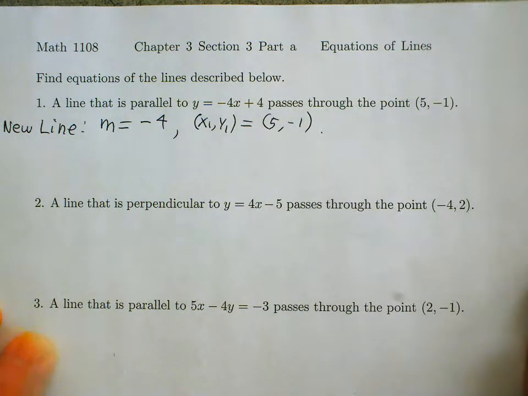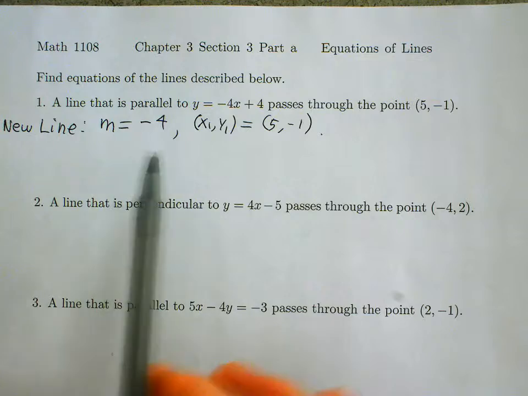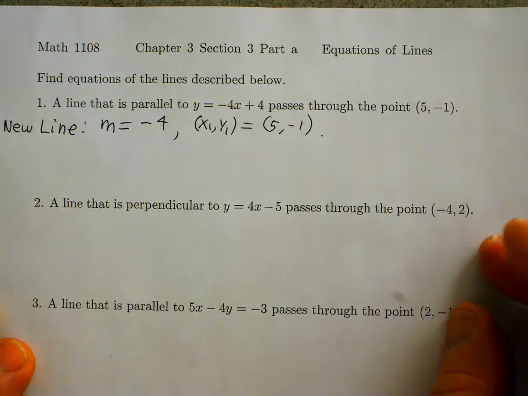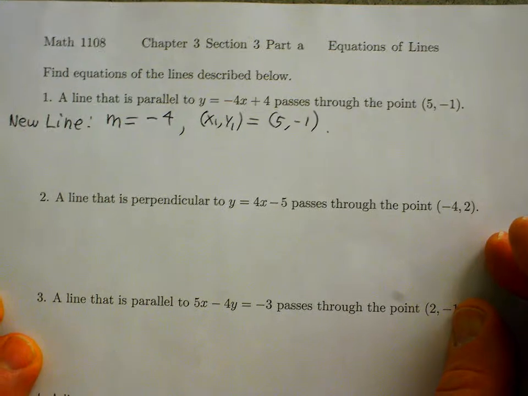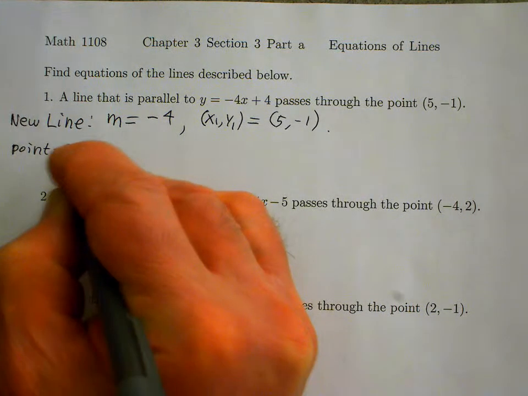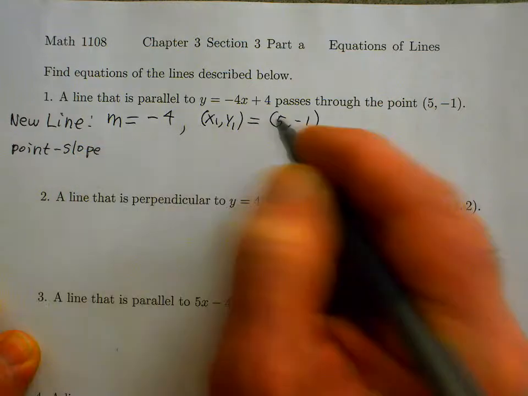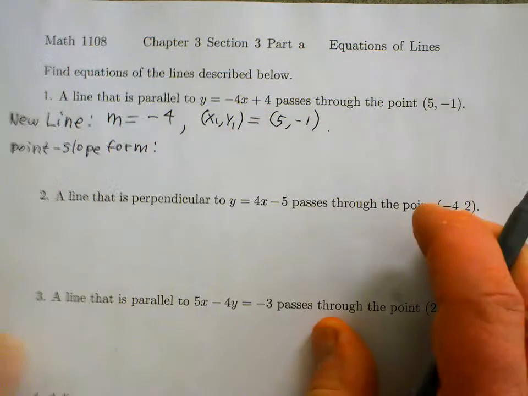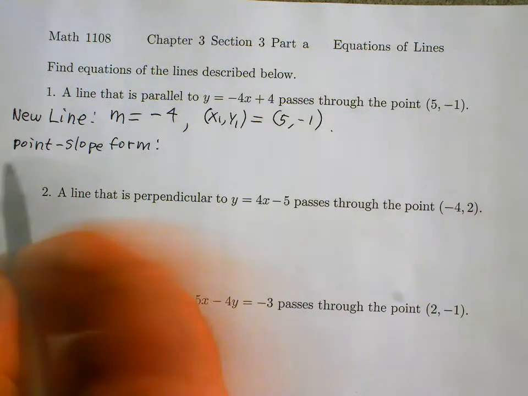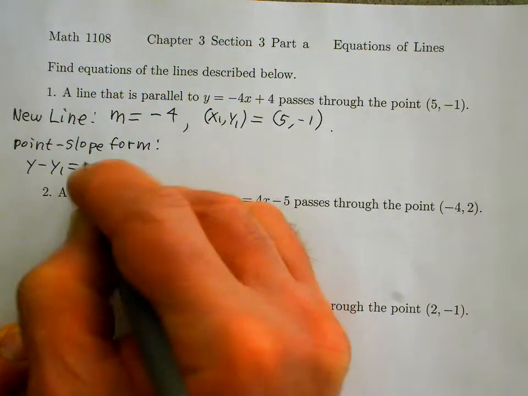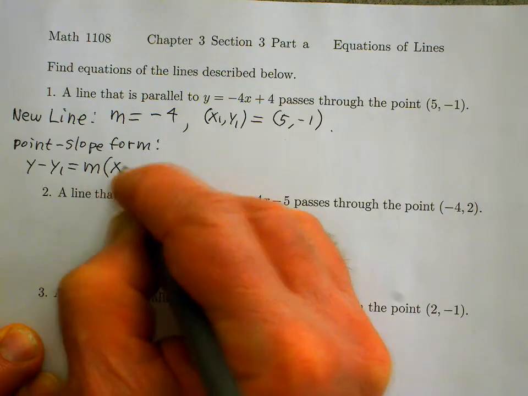And so we can begin, at least, by writing the point slope form. Okay, so I'll remind you, point slope form. There's a lot of repetition in this class, but repetition is a key to learning. So the point slope form is y minus y1 equals m times the quantity x minus x1.